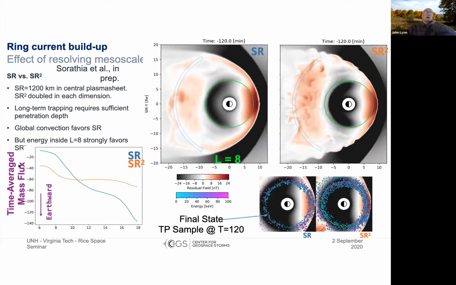And the mass flux is actually closer to the Earth with the higher resolution. So it's important to have a high resolution solution for this stuff.